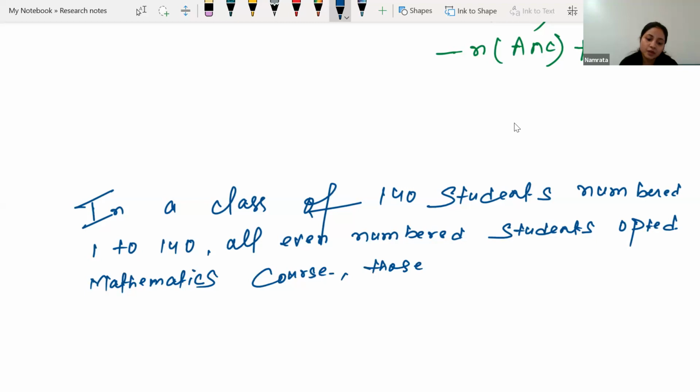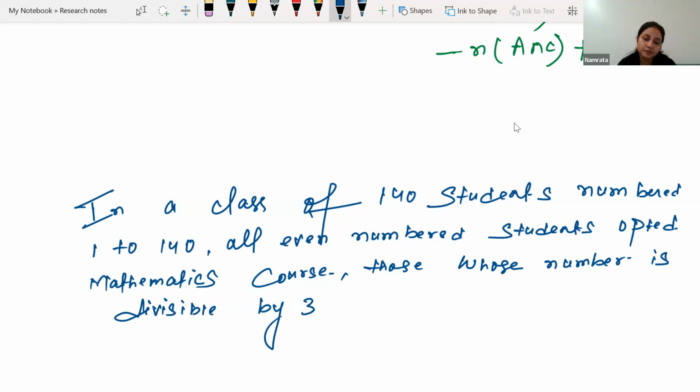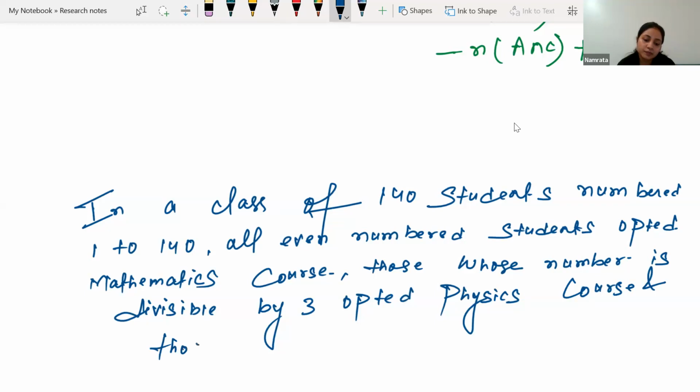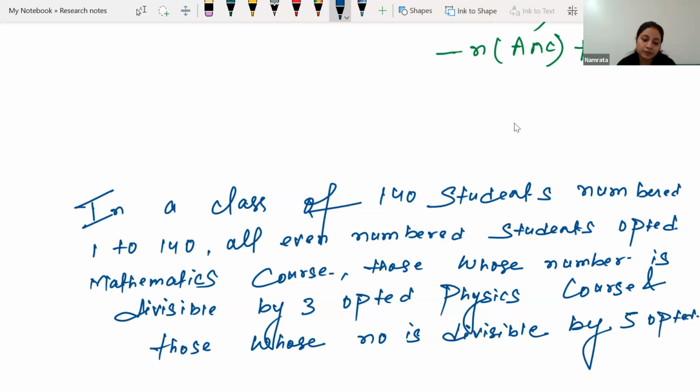Those whose number is divisible by 3 opted for physics course, and those whose number is divisible by 5 opted for chemistry.